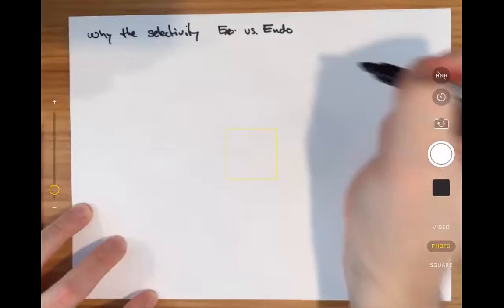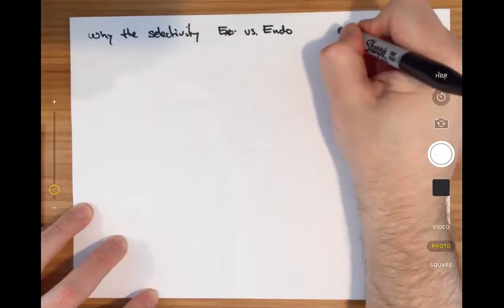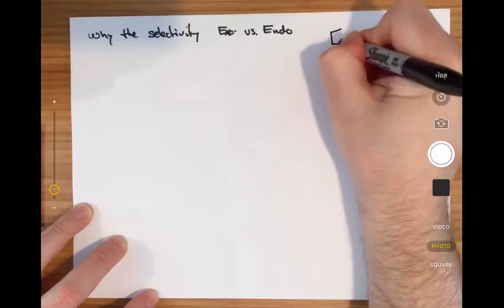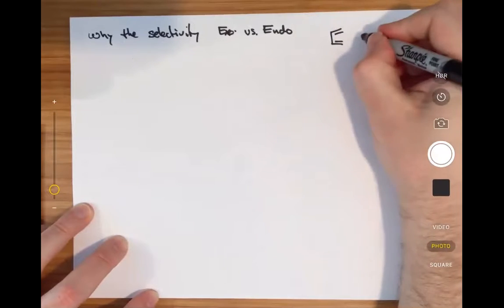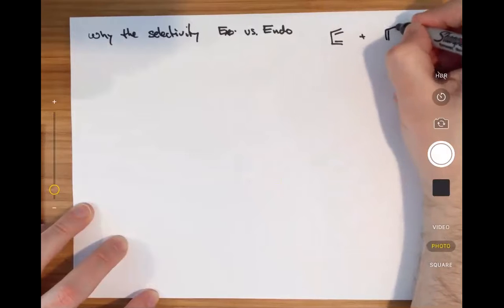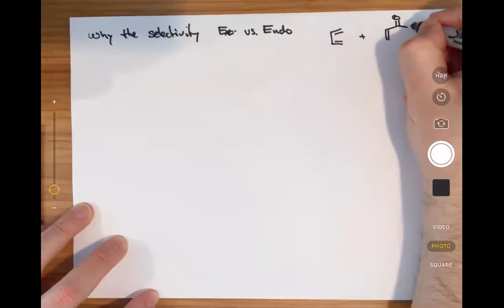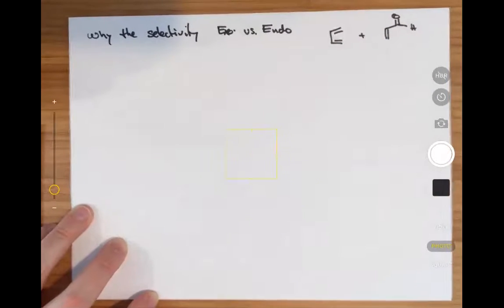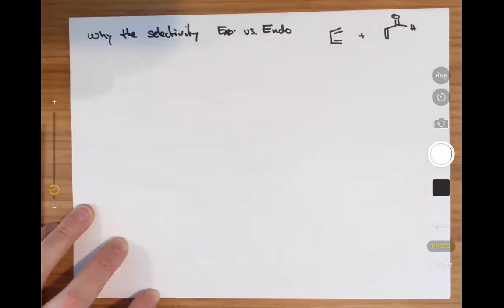The model system that we're going to look at is just a simple reaction of a diene with a polarized dienophile. So let's just simply take an aldehyde here because it makes the drawing of the orbitals easy. You can basically treat every possible substitution pattern the same way. I just picked this example because it's easy to draw and easy to see how the interaction is going to work out.